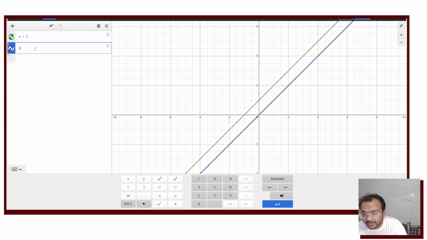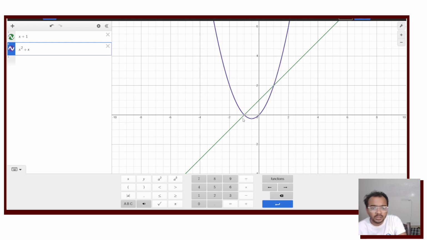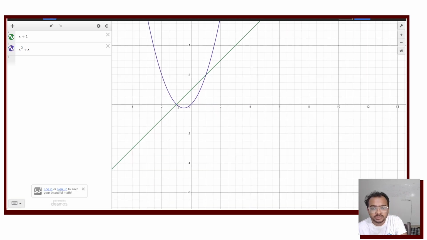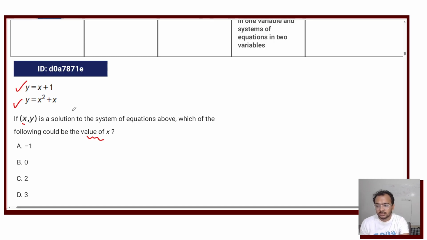And the second one is x square plus x. We just need to see the points of intersection. So if we observe this, one of the points is -1, another point is 1. So -1 and 1 both will satisfy. But we just have one of the values of x in the options, that is -1. So -1 will be the correct answer.